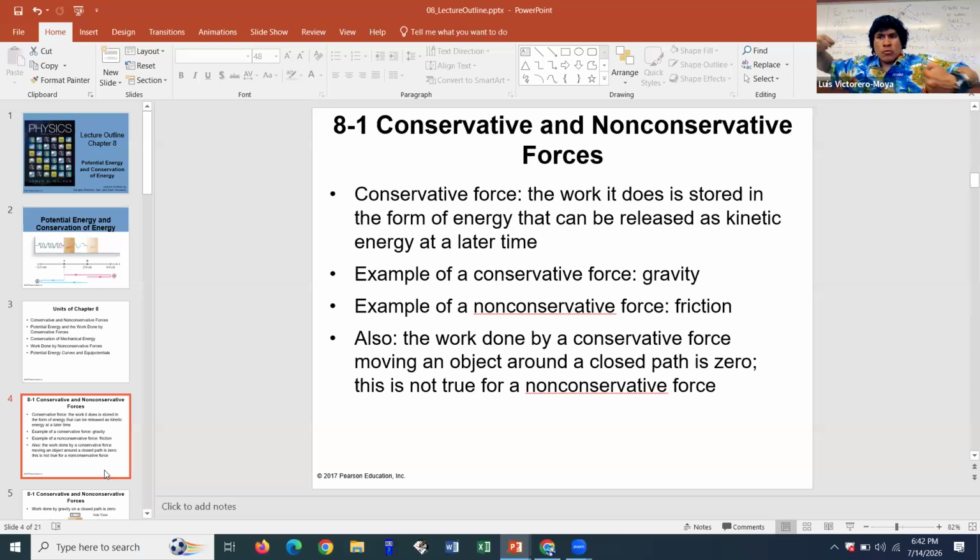It is acting between both, according to Newton. And as the Earth goes around the Sun, the energy is conserved because the net work done by that force is zero. It's in a closed path. And that's important because thanks to that, we can figure out the physics of the orbits of planets, which is what you're going to learn as well in this course.